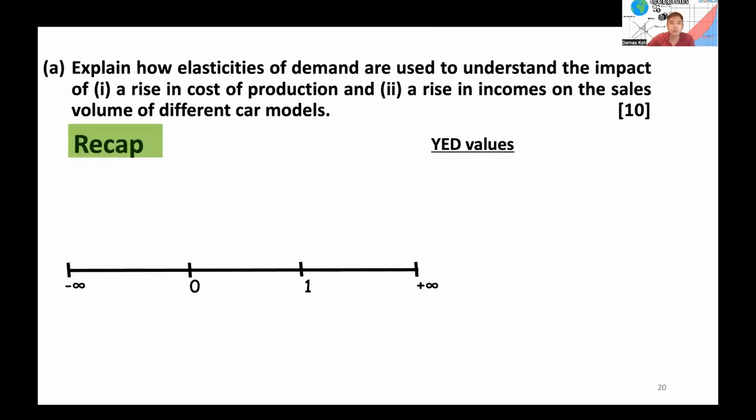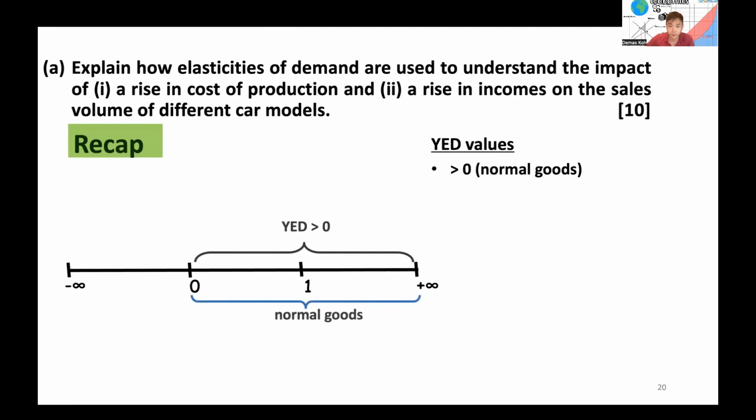So just a quick recap on YED values. You can see the whole spectrum, negative to positive. If it's positive, that means that it's a normal good. And under normal goods, we have the subcategories. First, if YED is greater than 1, we call them luxury goods.